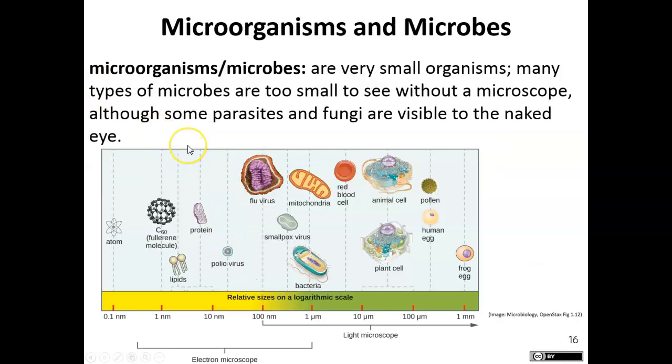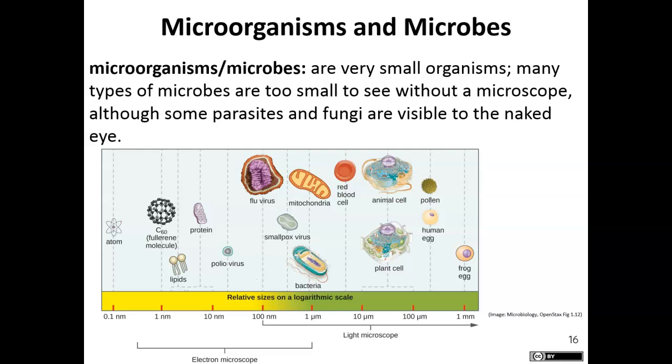When we look at microorganisms, microbes are super small. So when we say microorganism, we are dealing with living organisms. But when we use the word microbe, then we can also include non-living infectious agents.